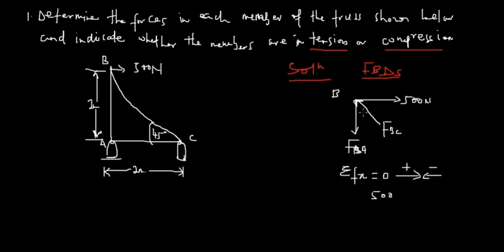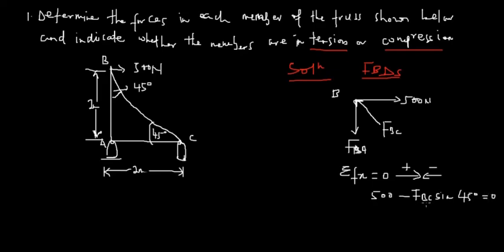From here you know that this is 45 degrees, so most definitely this portion will be 45 degrees. So we have minus FBC times sine of 45 degrees, and after that you equate that to 0.